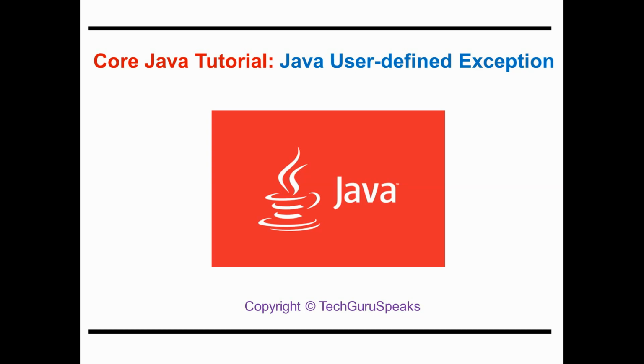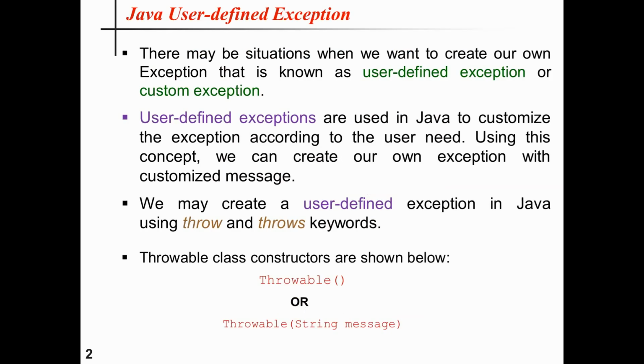Today I would like to describe Java user defined exception, which is also called custom exception. In Java programming, there may be situations when we want to create our own exception, which is known as user defined exception or custom exception.